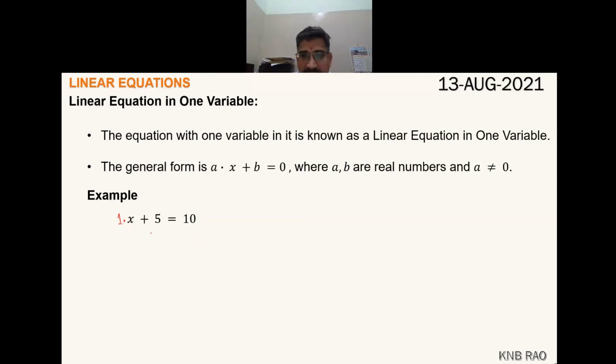If there is nothing, it means it is 1. Now, coming to the next example. Here, y minus 3 equals to 19. Again, the coefficient of y is not seen, means it is 1.